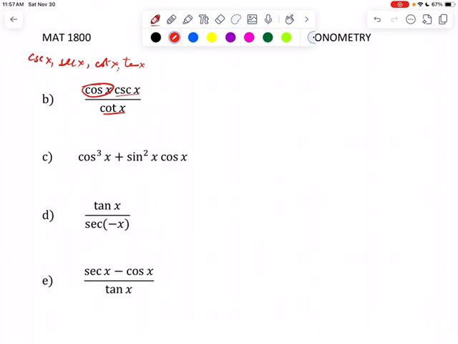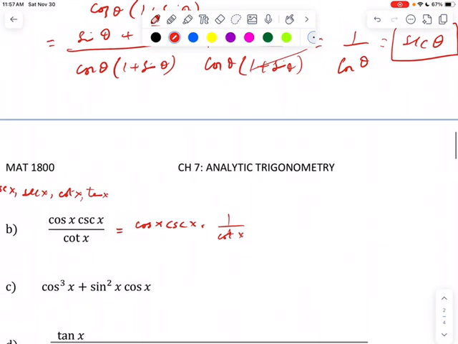So cosine x remains as cosine x, but let me first do one step here. This will make it easier. I can write it as 1 over cotangent x. I hope everyone agrees with this, because if you have 2 times 1 over 3, you get 2 over 3. So if you have 2 over 3, you can write it as 2 times 1 over 3, or 1 over 3 times 2.